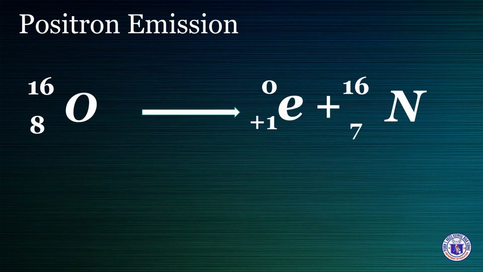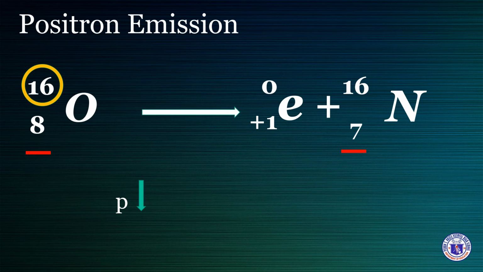What is the effect of positron production? The atomic number, which is also the proton of an element, decreases by 1. What happens to the neutron? Again, the neutron is the difference between atomic mass and atomic number.